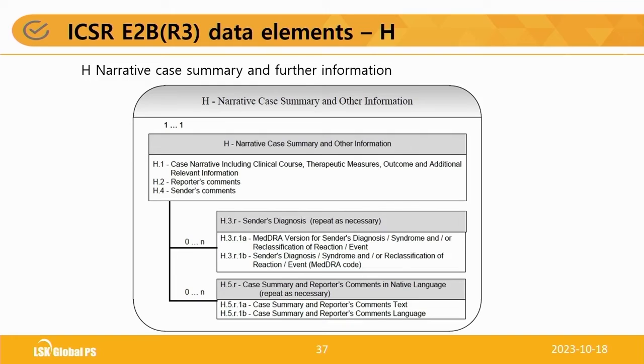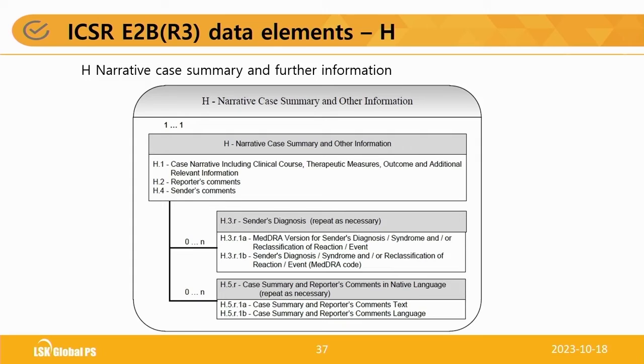And H is for narrative. So it should be interpreted on a standalone basis. So in Korea, the reporters provide very brief descriptions, but overseas, they provide a more full description. And in narrative case summary, native language can be provided.